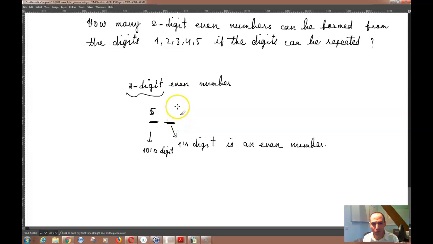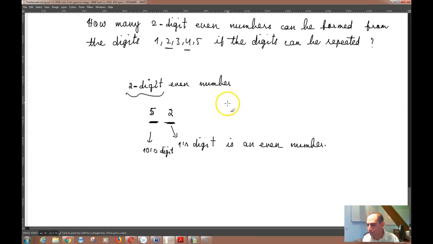And the ones placeholder you can fill in one and only two different ways, because the ones digit is supposed to be an even number, otherwise your number wouldn't become an even number. So there are only two ways of filling this placeholder.